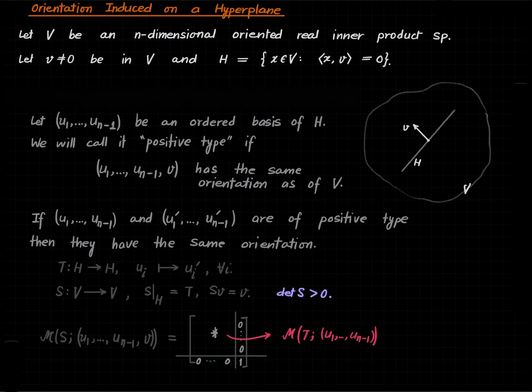Similarly, two negative type bases of H have the same orientation. And two bases of different types will have different orientation. That is an exercise. So the induced orientation on H is the one given by positive type ordered basis of H.